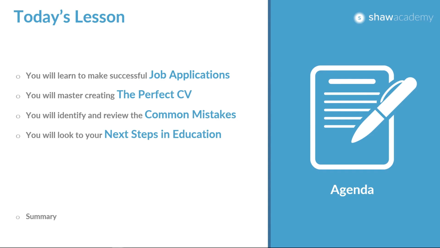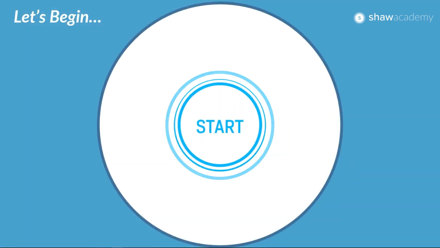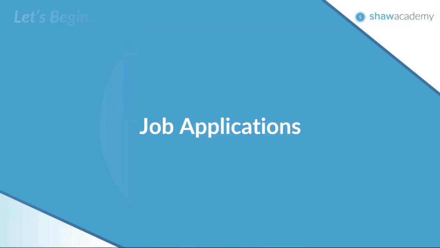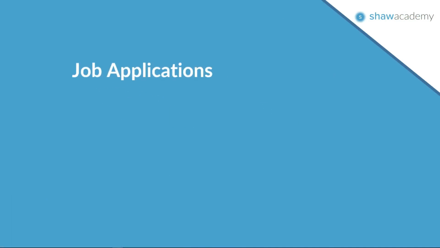And of course we'll finish as always with a summary, no look ahead to the next lesson, but of course a Q&A. So, it's all very emotional, it's our final lesson, but we will save the tears for the end of the lesson, okay? For now, let's just jump straight in and begin with job applications.